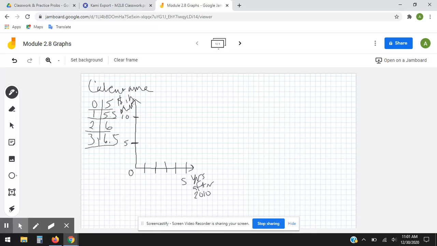Actually, you know what? I've changed my mind on that. Let's skip on this. Here's going to be 1, 2, 3, 4, 5, 6. So 7 will be right up, 6.5. So my first year is a 0. 1, 2, 3, 4. Here's my 5.